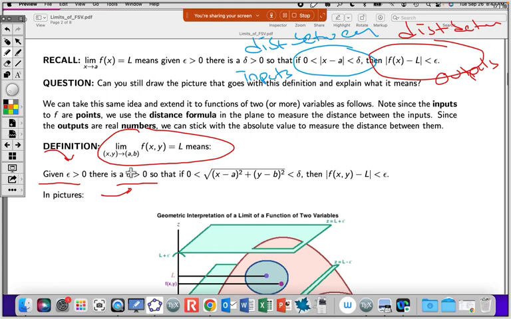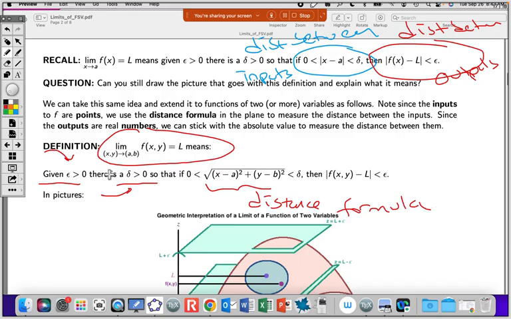In this particular case, the inputs are points. And how do we measure the distance between points? That's your distance formula in the plane, which once again is courtesy of the Pythagorean theorem.